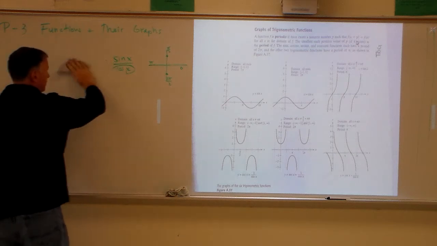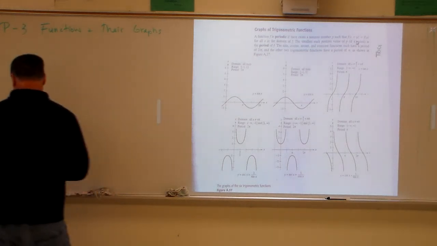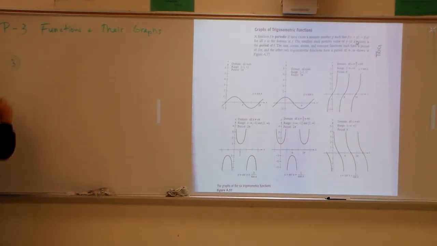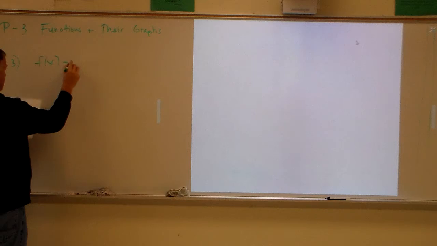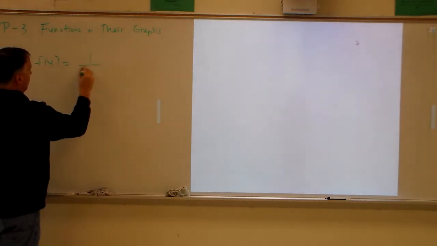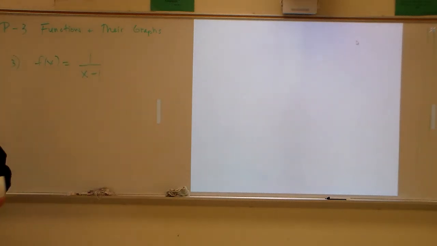Let's look at another example. The third example is going to be a fraction. Let me put my sheet back so I have it when I need it. And let's look at the next one, which is going to say f of x equals 1 over x minus 1.